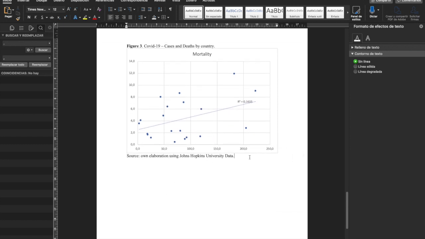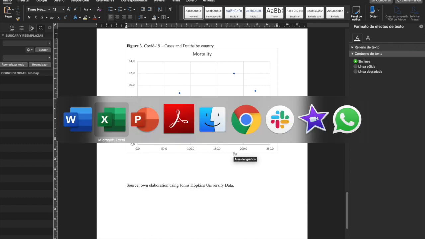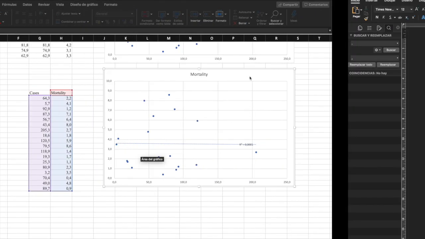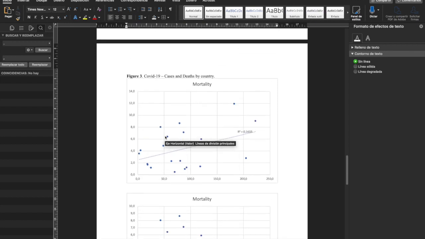There are many different ways to formulate this or to design a graph, but these elements are needed, and I will put both, and I will put, for example, a legend here.